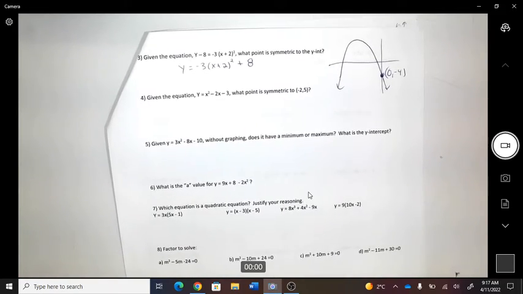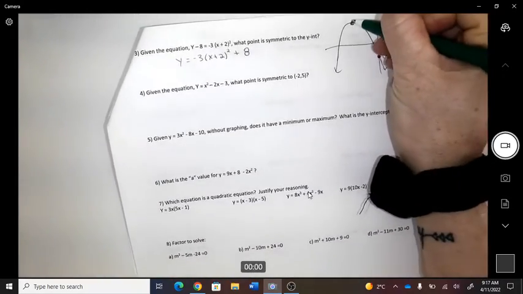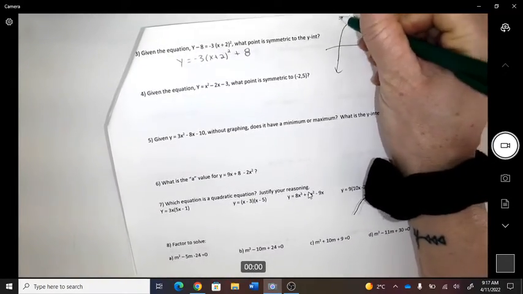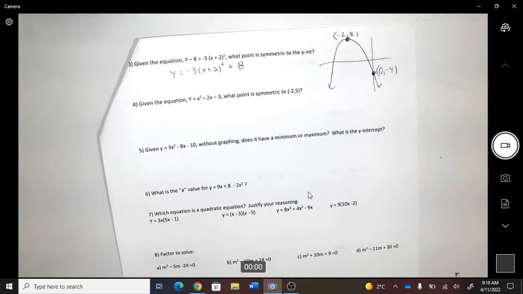This is just from the other page I'm doing. And we had a negative 2. So this is the graph from the other page, because we did this one.